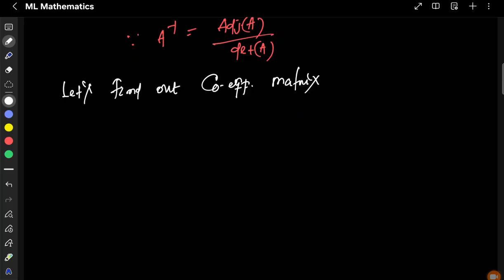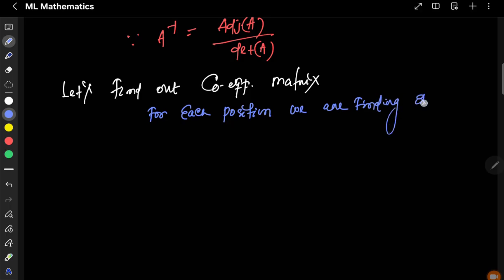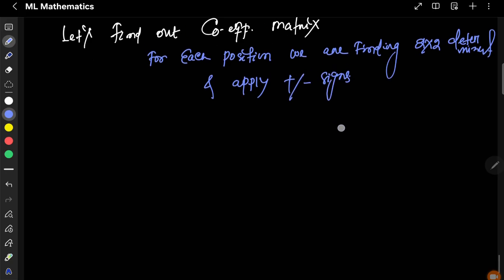For each position we are finding a 2 cross 2 determinant, and we will be applying plus and minus symbols. Obviously the even odd concept, you will be applying plus or minus signs. These are all even odd symbols, right?